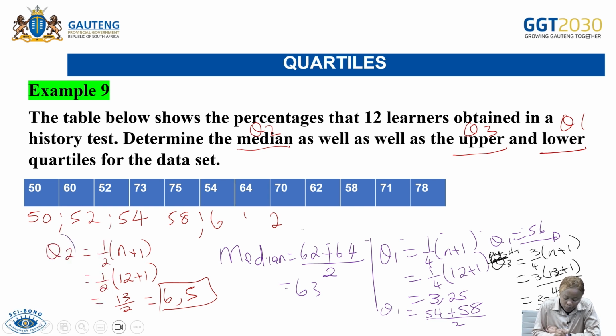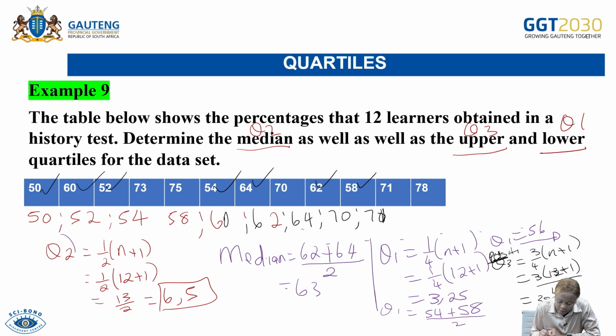Okay, so we had said we have 50, 52, 54, 58, and then 60, and then 62, and then 64, and then 70, 71, sorry, we have 70, 71, we have 73, we have 75, and then we have 78, right?